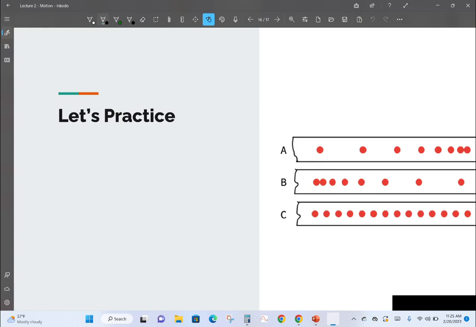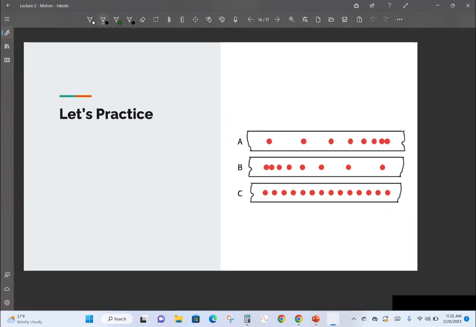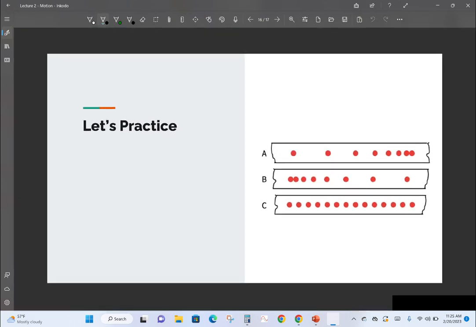Let's practice. So let's imagine that in all of these, the car is moving to the left.